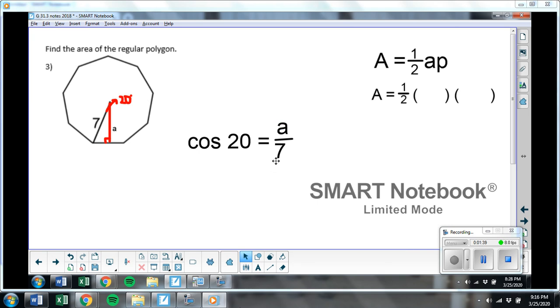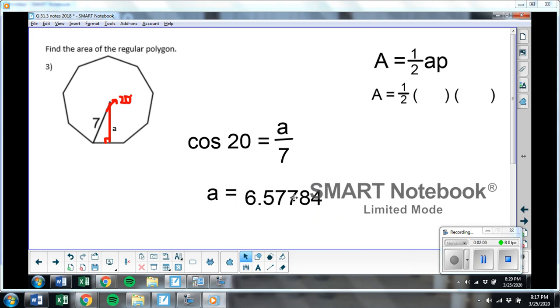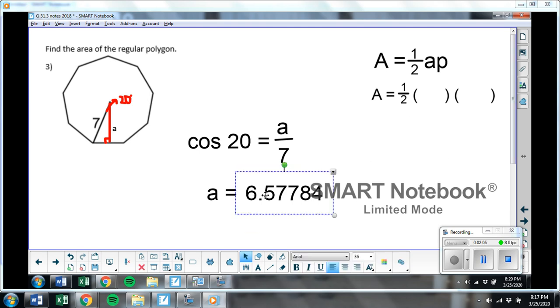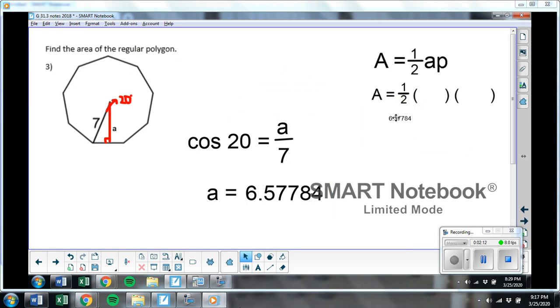And you should be able to cross multiply and find A. So my apothem comes out to be 6.57784, which I'm not rounding yet because it's not my final answer. It's not a big deal if you do, but I like to only round the final answer, not everything. That's the apothem, so that's going to go up in the apothem spot.